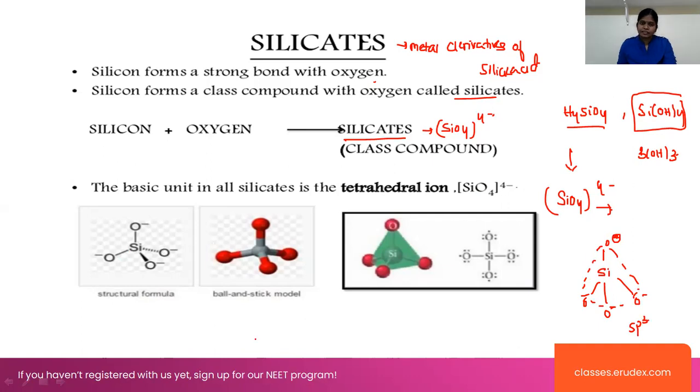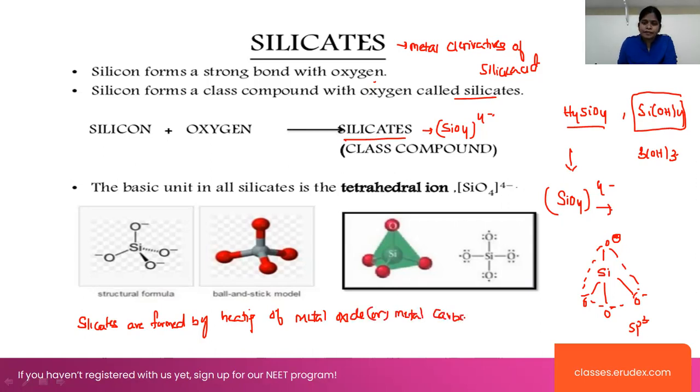Now, the general preparation: silicates are formed by heating metal oxides or metal carbonates with sand.